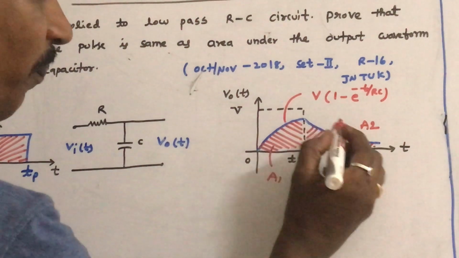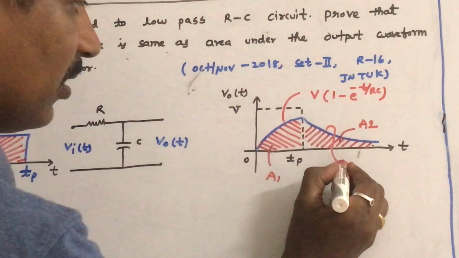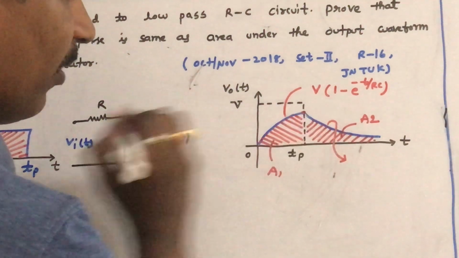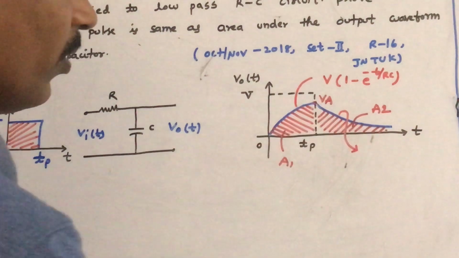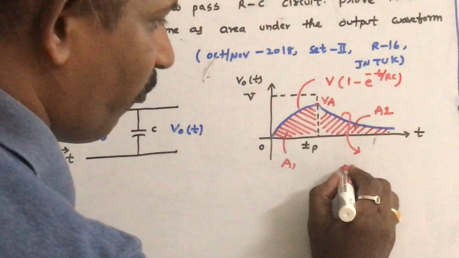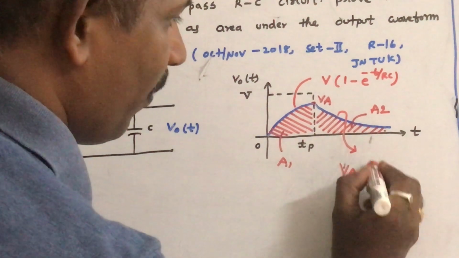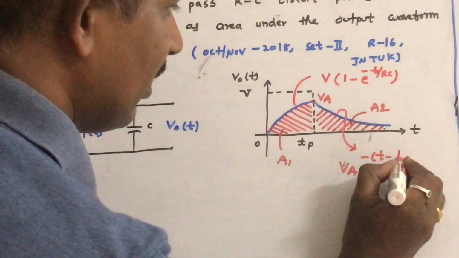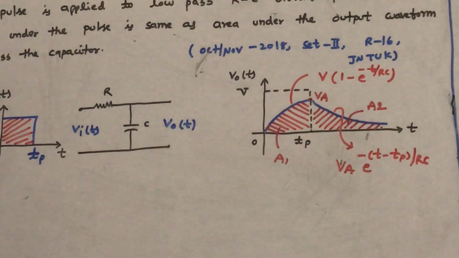This is the response. What is the voltage at time Tp? Let us call this Va. Then it is exponentially decreasing with an initial amplitude of Va, so this graph is given by Va into e power minus (t minus Tp) by RC. First you have to carefully note down these points.